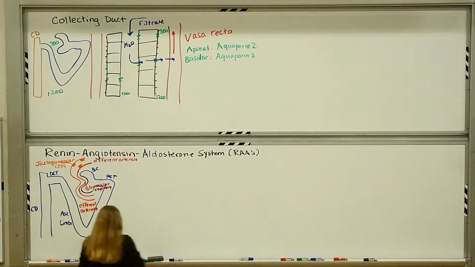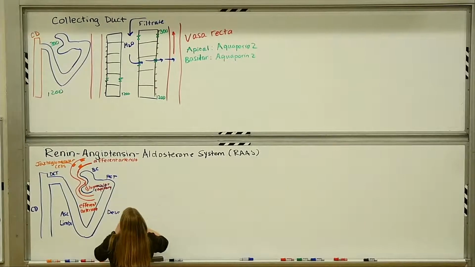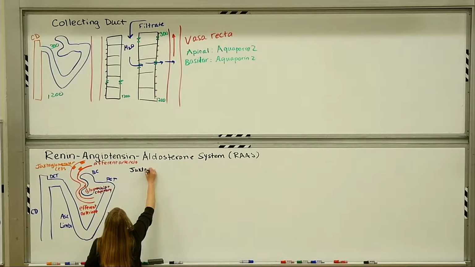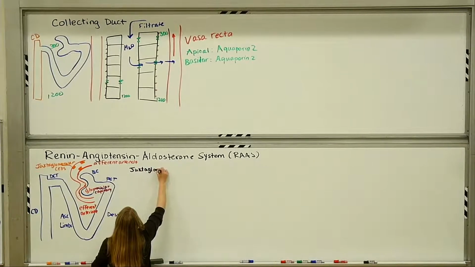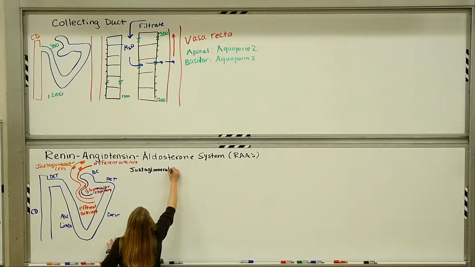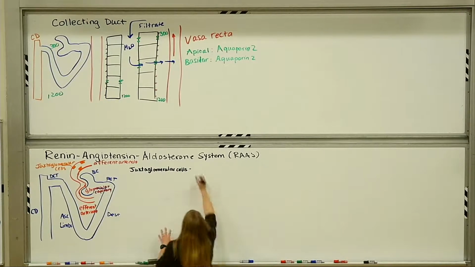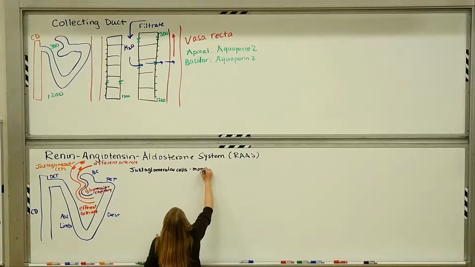So your juxtaglomerular cells are your baroreceptors. These are the ones that are going to monitor stretch on the walls of the arterioles.